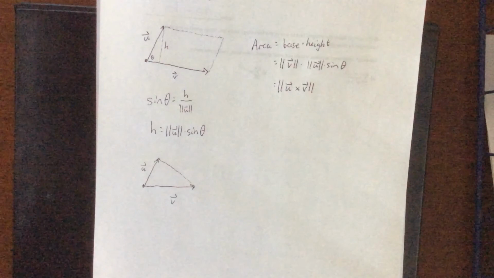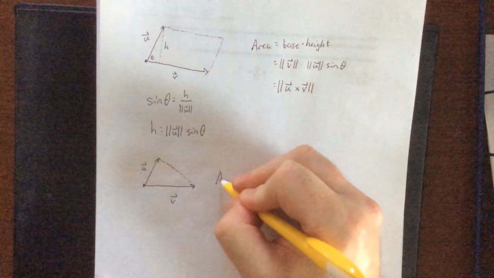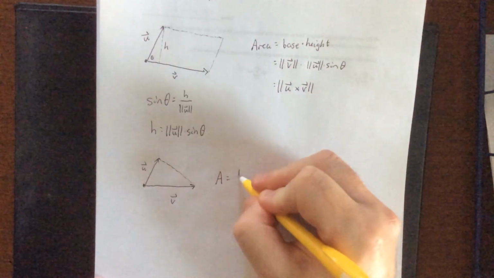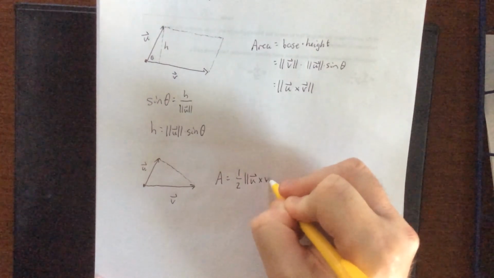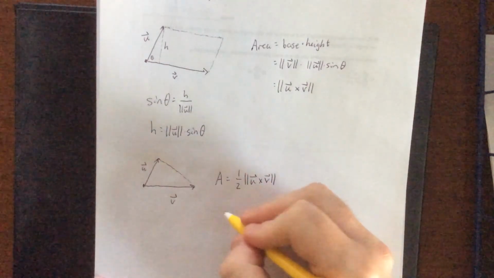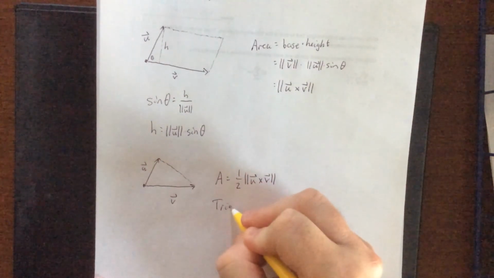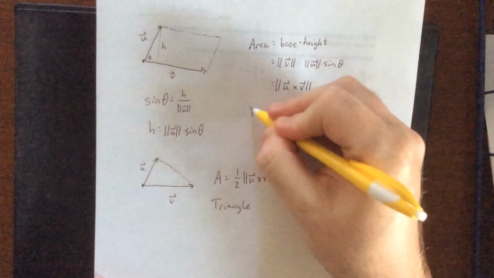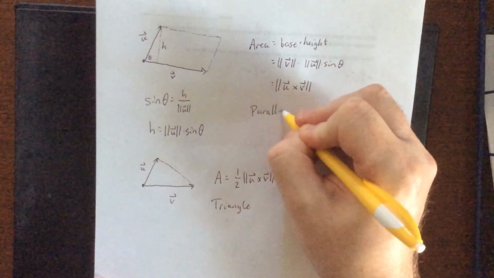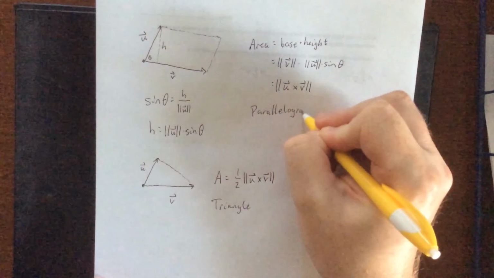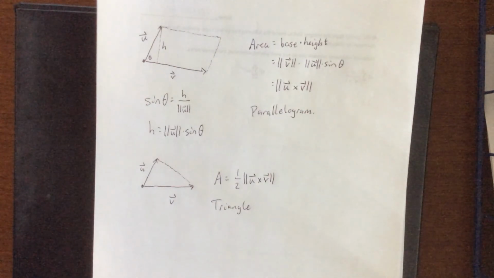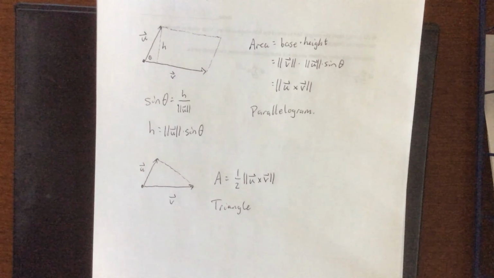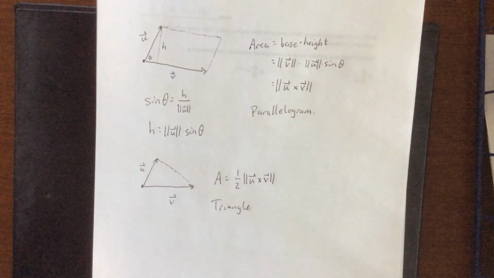It is for this reason that for the triangle defined by u and v, if you take half of the magnitude of the cross product, that will give you the area of the corresponding triangle. This one up here is the parallelogram. So that's how the cross product can be used as a shortcut to finding areas of geometric figures defined in either the Cartesian plane or in Cartesian space.